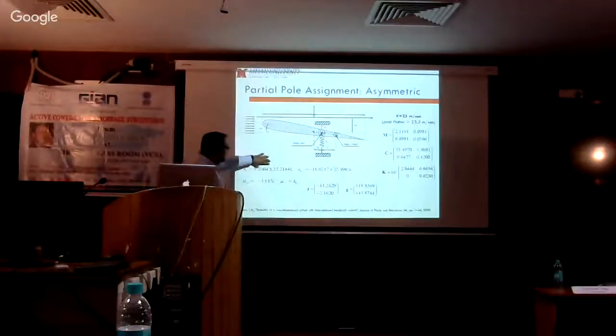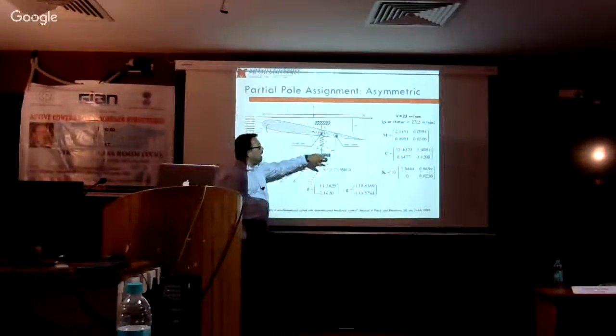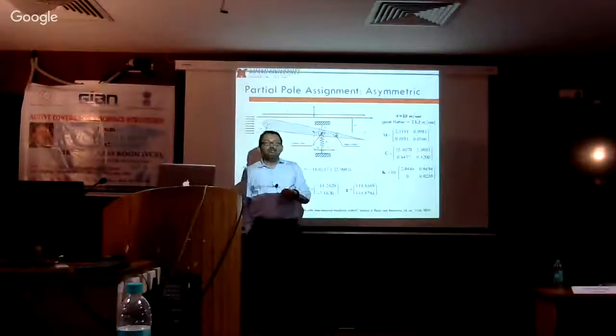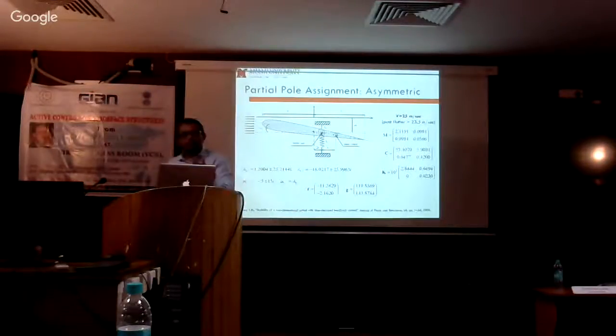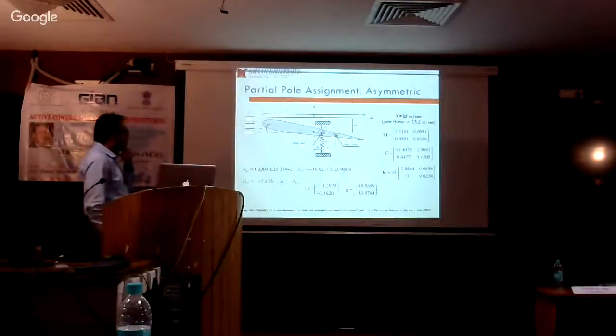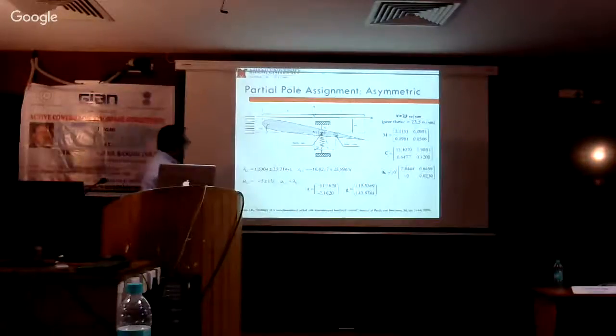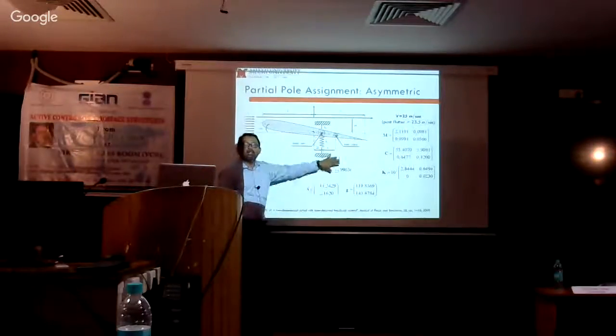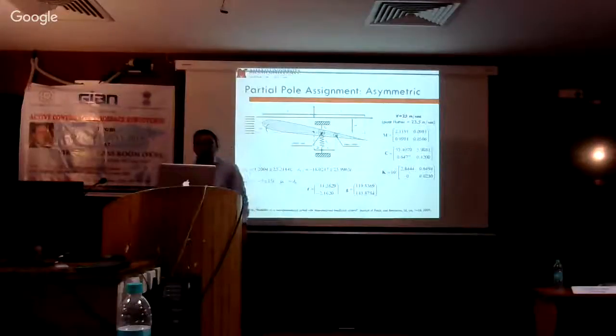These are the open loop eigenvalues. I took it for the case of a post-flutter velocity of 25 meters per second. For this particular system, the open loop flutter was at 23.5 meters per second. And then I am just moving poles of the mode which was fluttering, and I kept the other mode there.